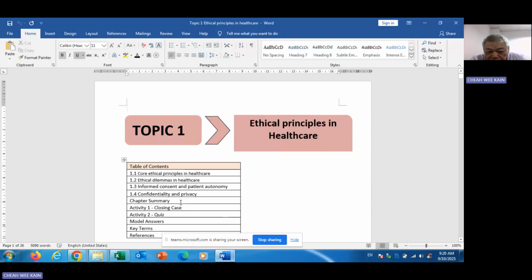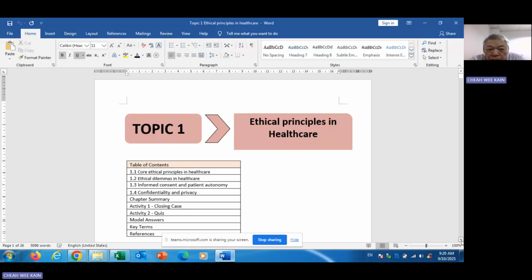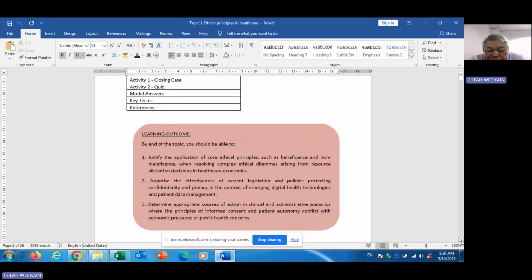It will be followed by a summary, a case study, some quiz, and the model answers. Okay? Key terms and references. So without further ado, we would like to talk about this one first.